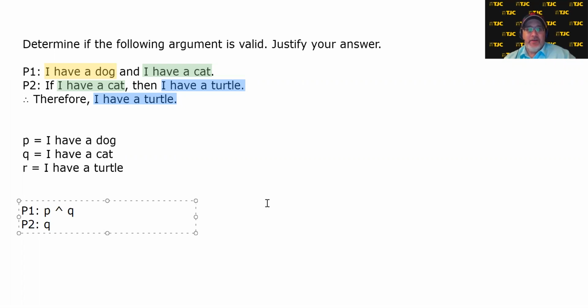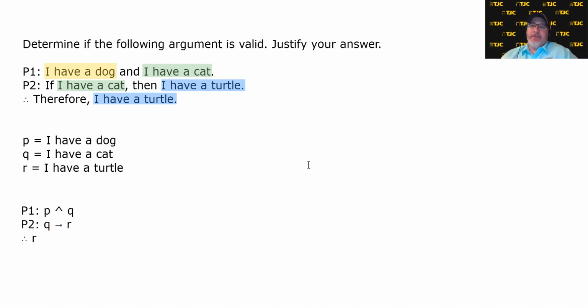Because it's an if-then, it's a conditional, and we need that arrow. The consequent is "I have a turtle," which is R. And the conclusion, I want the three-dot triangle. Therefore, I have a turtle, which is simply statement R.